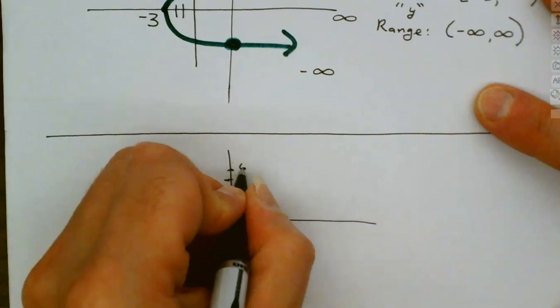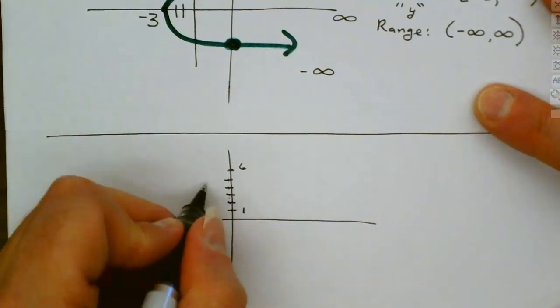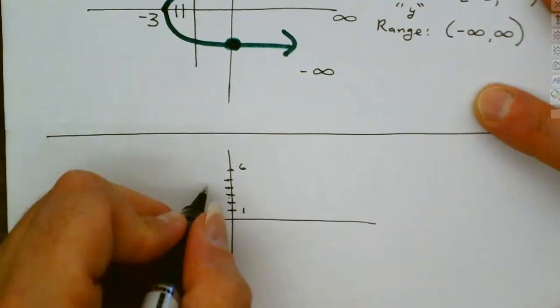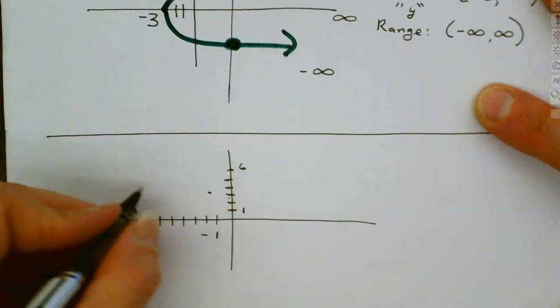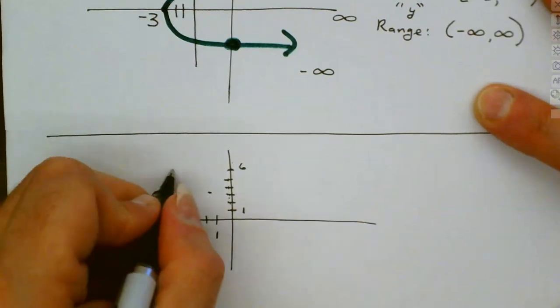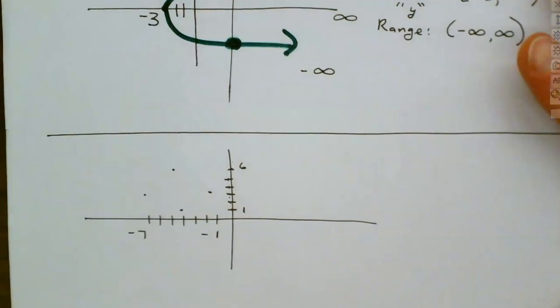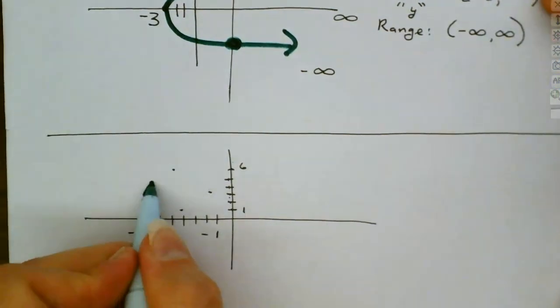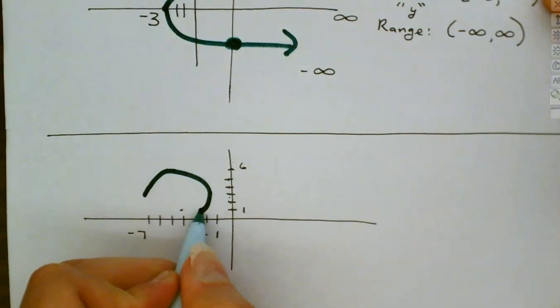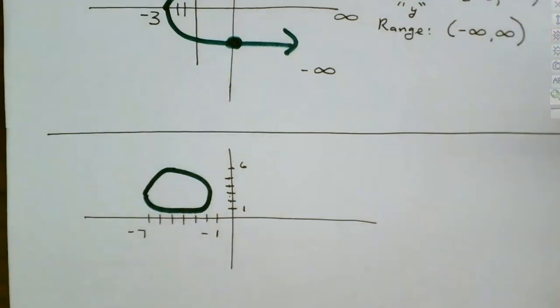We'll go to 6 here. Okay, so let me kind of draw this here. It's going to be about there, about there, about there, and about there. Okay, I'm going to draw this ellipse. Now this is going to be an ellipse.